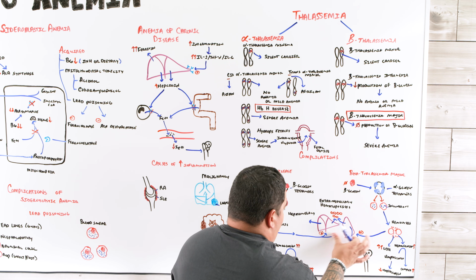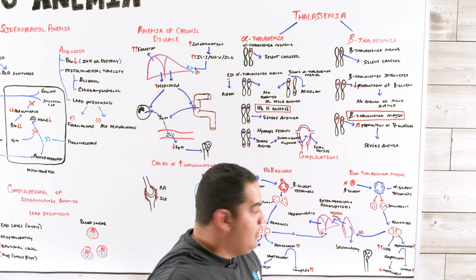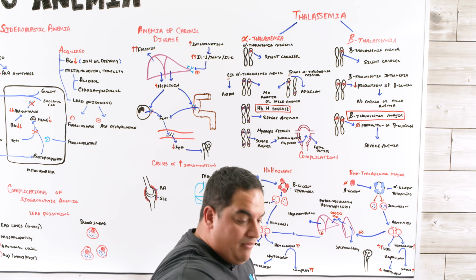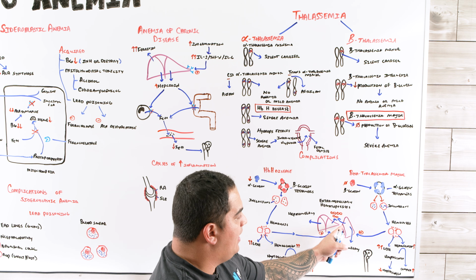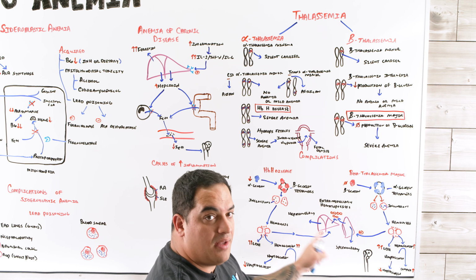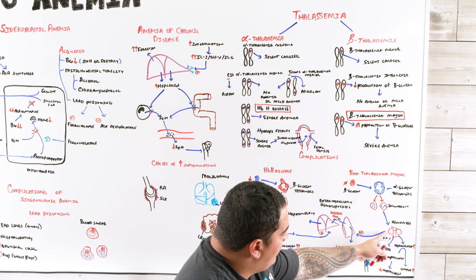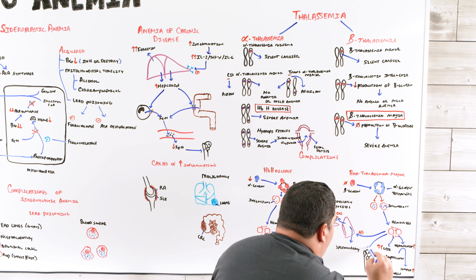Just to make these arrows not too bad, let's actually bring these over here. Just so that we're not getting too confused. So again, both of these processes are stimulating the liver and stimulating the spleen to make more red blood cells. Problem is, causes them to get bigger. The only thing that's a little bit different is that the severe anemia also signals the bone marrow.